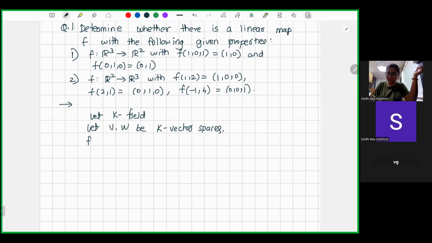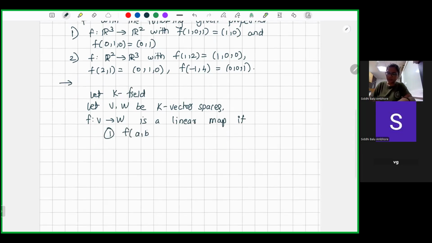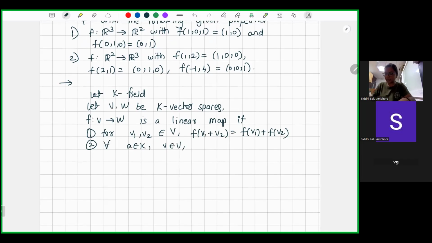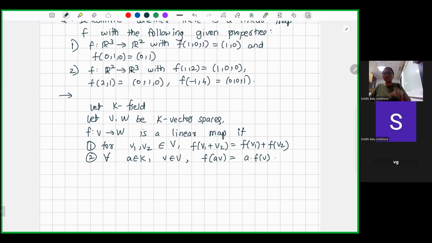Then we say that F from V to W is a linear map if, first, for V1, V2 in V, F of V1 plus V2 is F of V1 plus F of V2, and second, for all a in K and all v in V, F of av is a times F of v. These two properties must be satisfied for F to be a linear map.